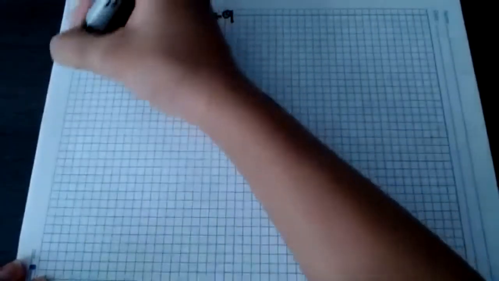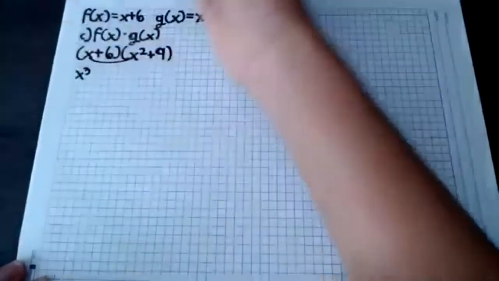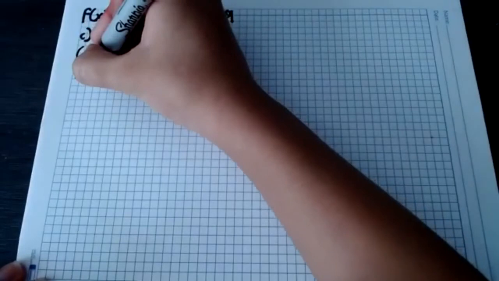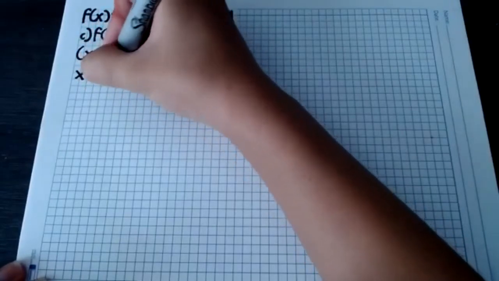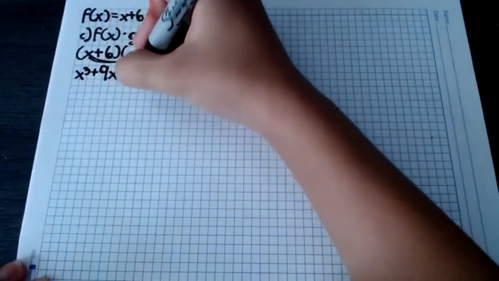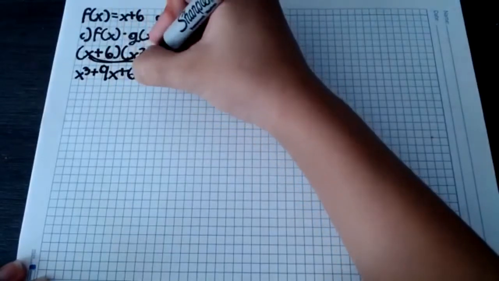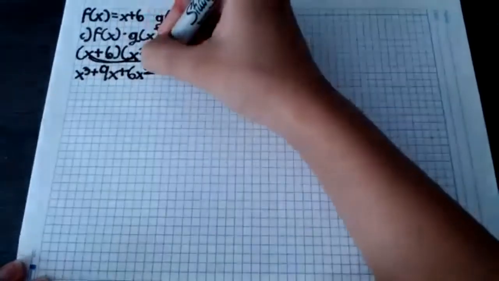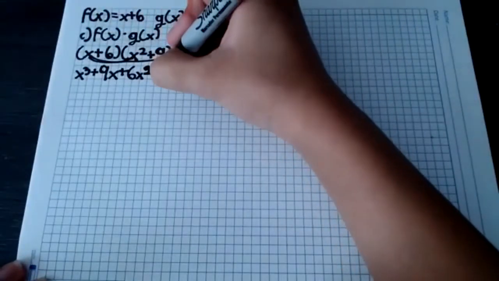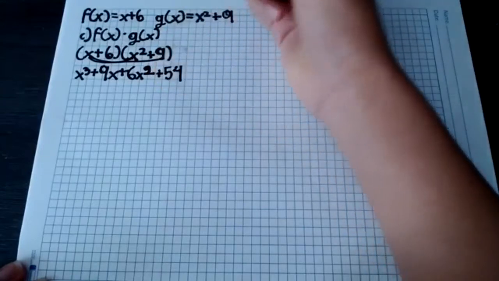X times x squared is x cubed. X times 9 is 9x, plus 6 times x squared, 6x squared, and then 6 times 9, which is 54.